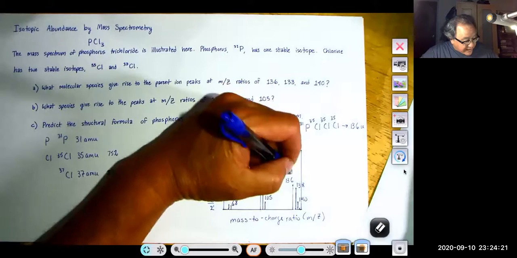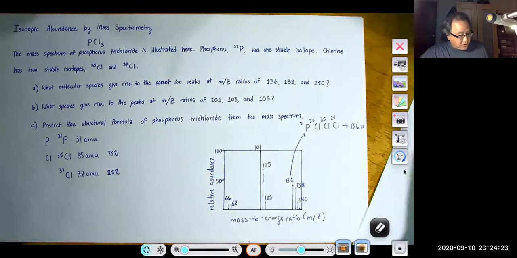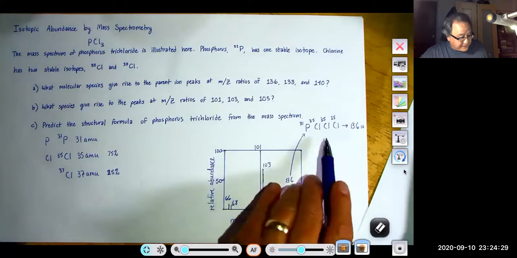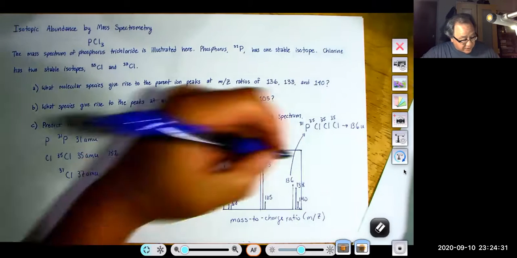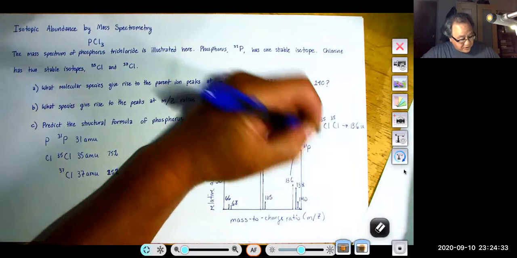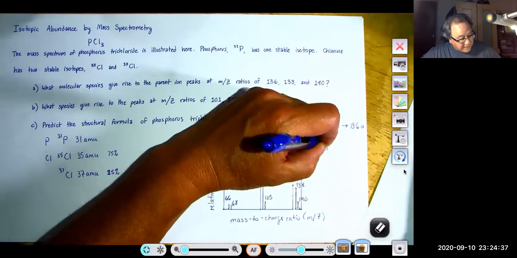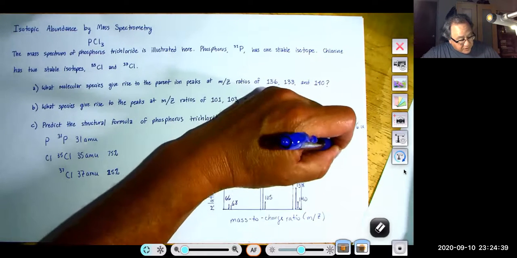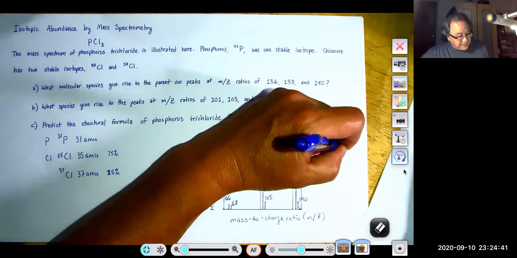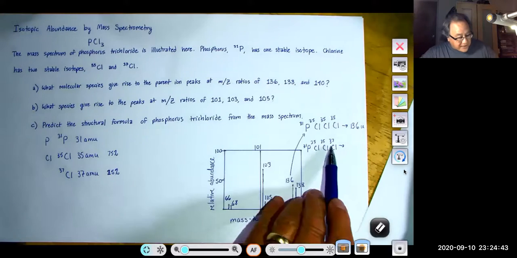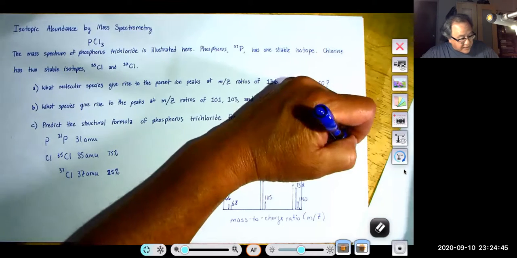So what do you propose for this peak here at 138 that weighs 2 more than this? Well, I think it's going to be phosphorus 31, chlorine 35, and one of them is going to be chlorine 37, because that weighs 2 more than that. That would be 138U.